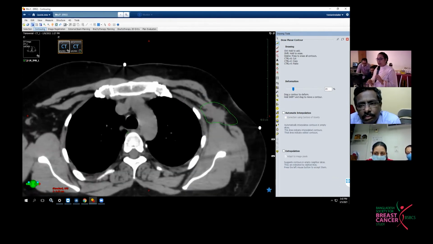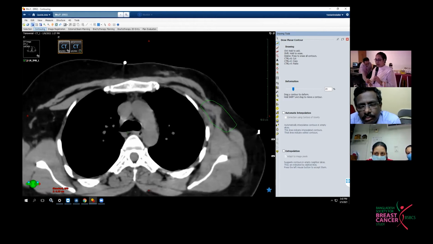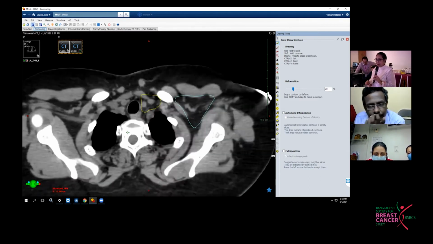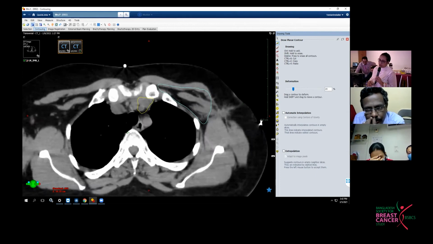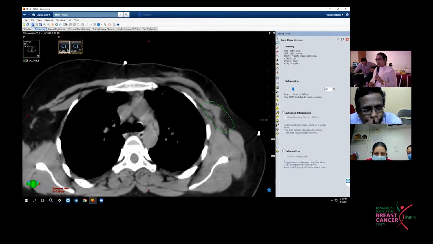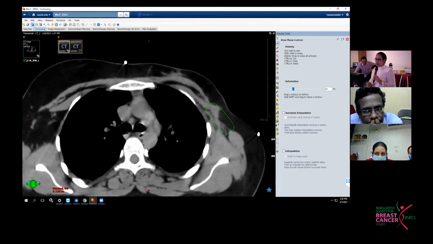So how important is that scar? Do you want that scar to get 95% or 100%? What is your recommendation? Because the scar is very important. Most of the chest wall recurrences happen around the chest scar. What percentage dose will you accept in the planning?